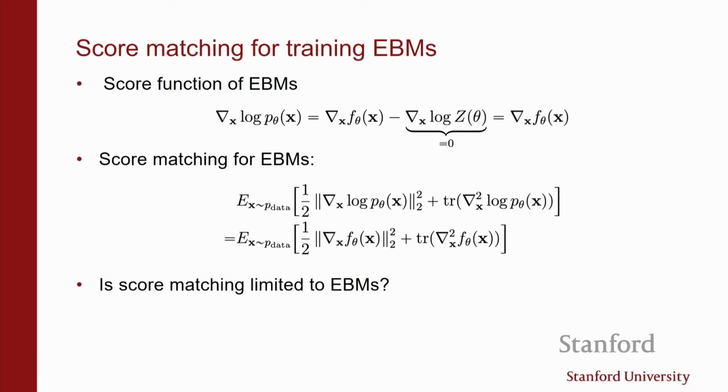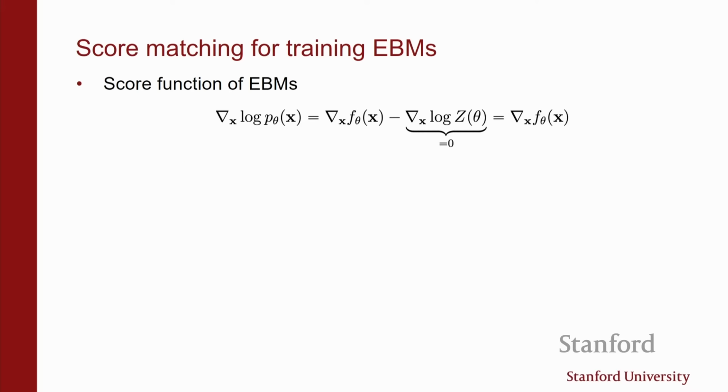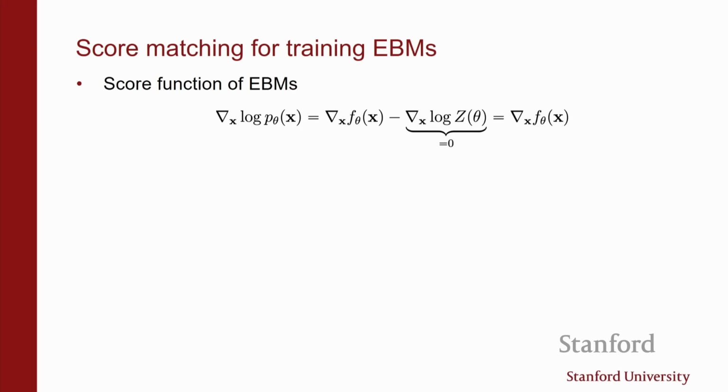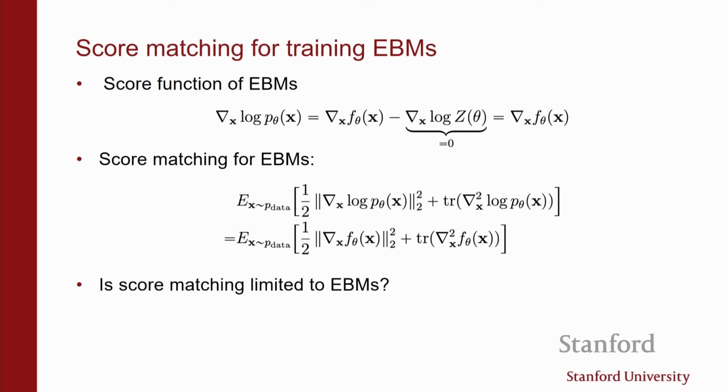If you look at the loss, it is well defined for any model family, as long as you're able to compute this gradient with respect to x of the log density according to the model. Then you can do score matching, and you can train a model by minimizing the Fisher divergence. So in particular, what other kinds of model families can we apply score matching to?